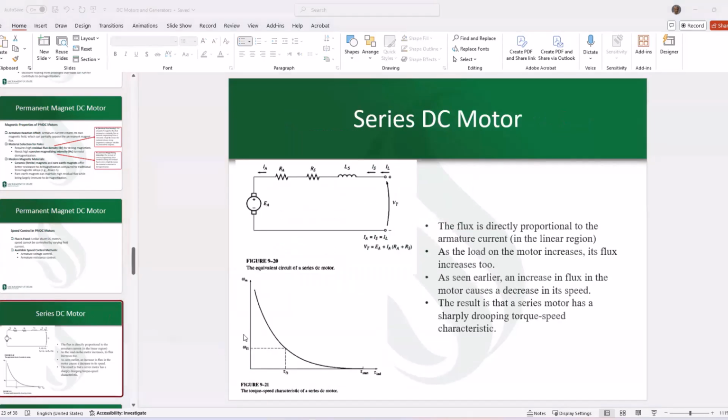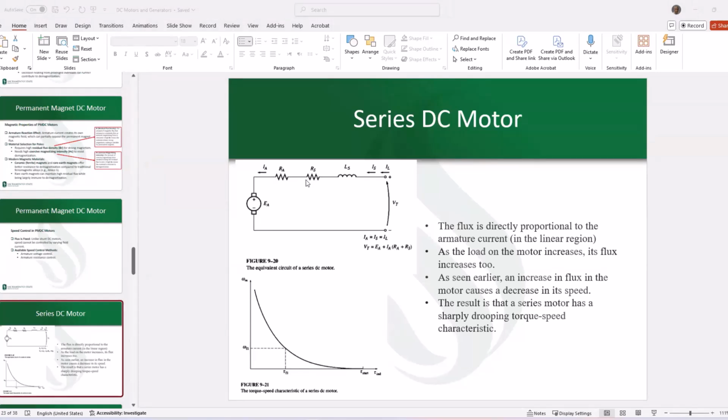All right, now let's go to series DC motors. The series DC motors, as the name shows, are configured in a way that the excitation circuit would be in series with the armature. As you can see, here we have the armature, and this is the equivalent resistance of the armature.